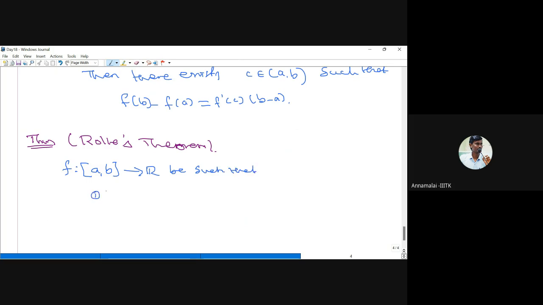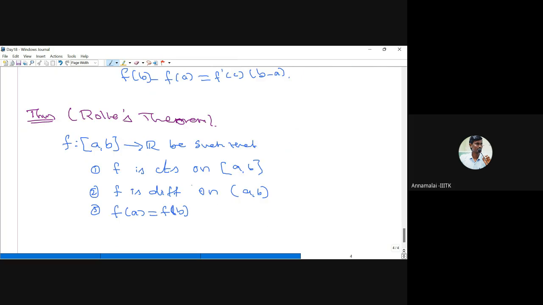First, f is continuous on the closed interval a comma b and differentiable on the open interval a comma b, and third, f of a equals f of b. Both endpoints map to the same value.